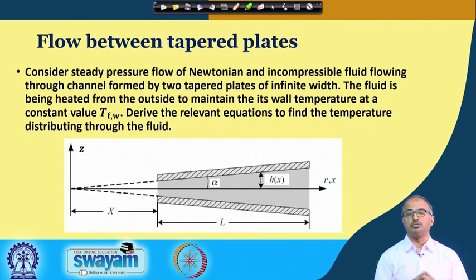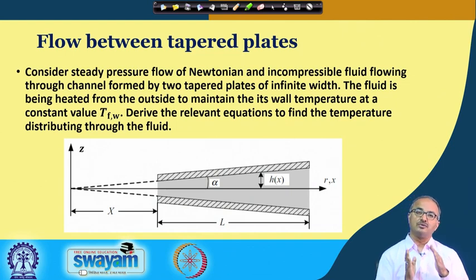If you look at the flow through some kind of nozzle or diffuser, for example, these nozzles or diffusers are used in the space shuttles to get the thrust to lift the particular space shuttle. Also, to find the velocity or flow rate, you use the venturi meters, which are also kind of converging diverging sections.